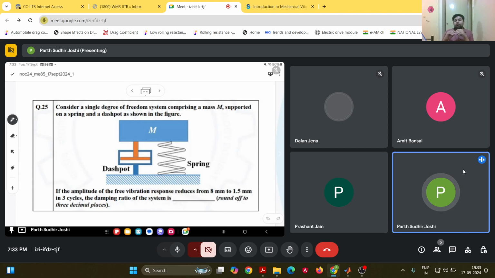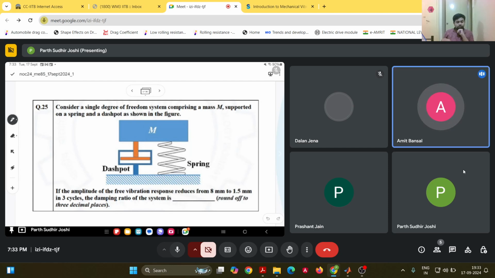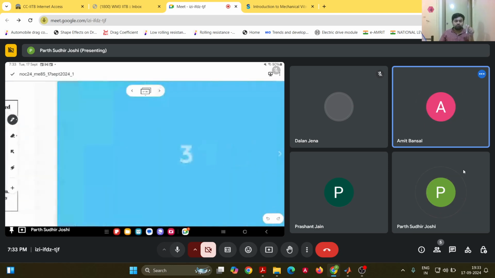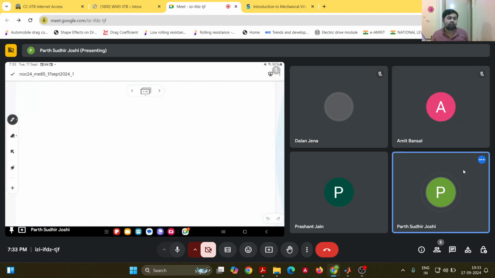Any idea how to solve that? Sir, assuming small x is equal to capital X e raised to power minus, starting from the basic formula. Right, right, correct.